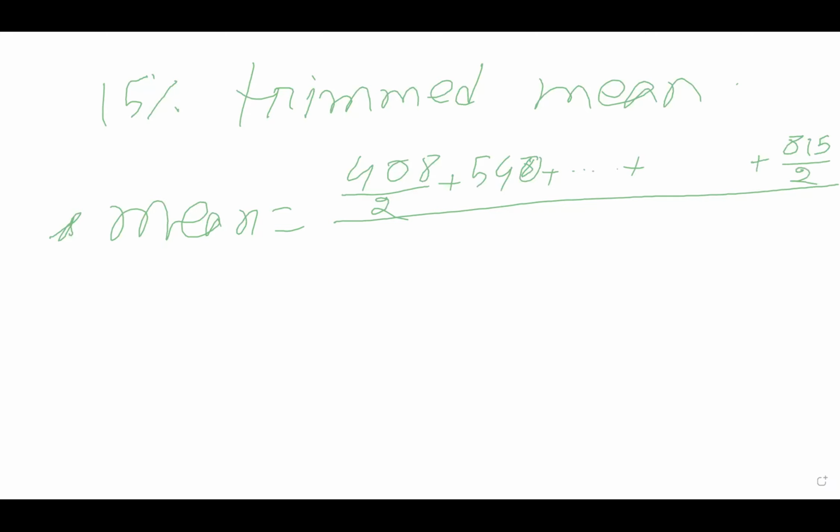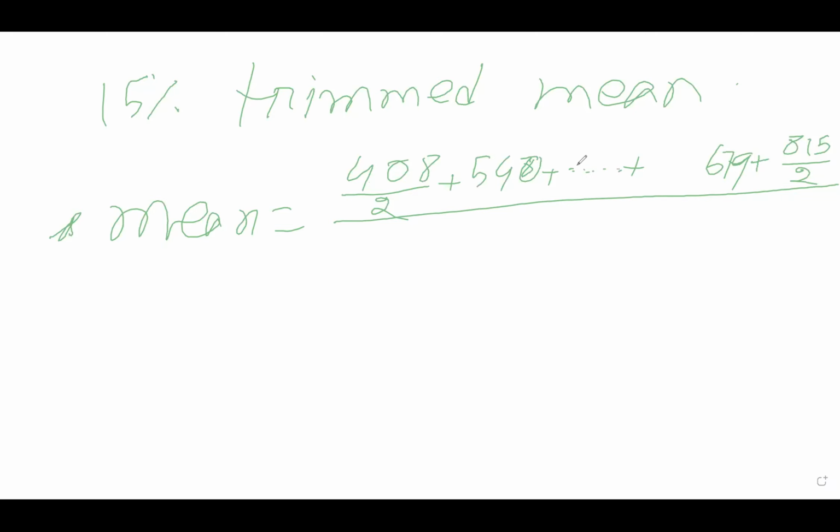And the previous number is 679. So we removed the first number and the last number, and 50% of 408 and 50% of 815, and we added all the other numbers. So dots mean you have to consider the other numbers as well.